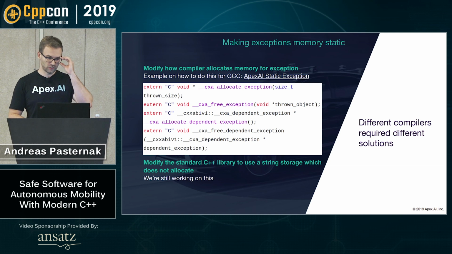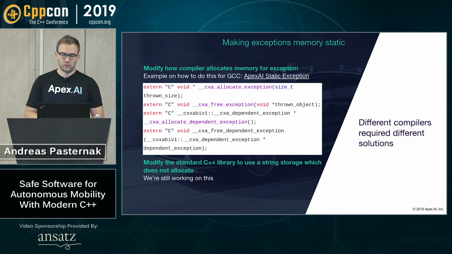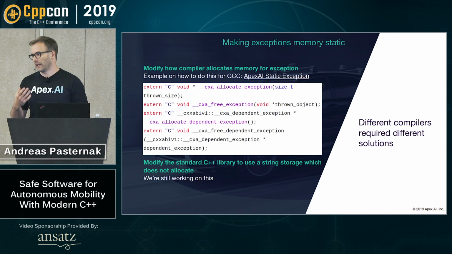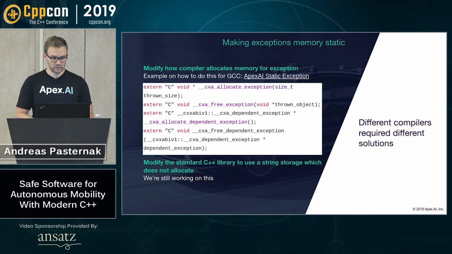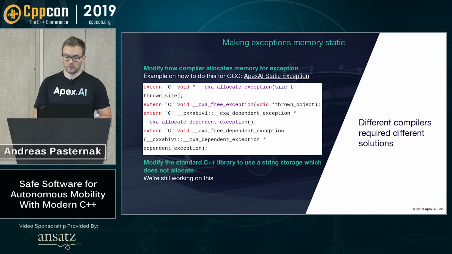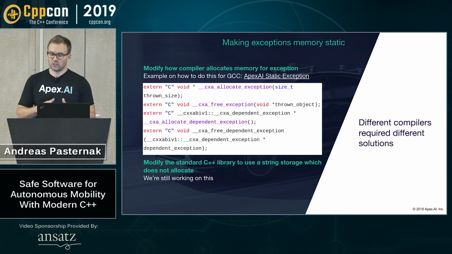We have some solutions for these challenges. For example, with GCC, you can modify the behavior of how GCC allocates memory for an exception. To do that, you need to replace four functions that allocate and free the regular exceptions and allocate and free the dependent exceptions. This is quite tricky because these functions need to behave very precisely, and there are some intricate details that you need to know when implementing them.